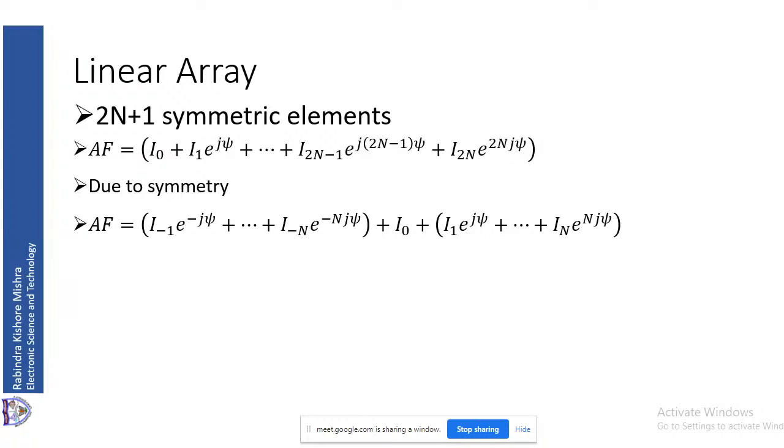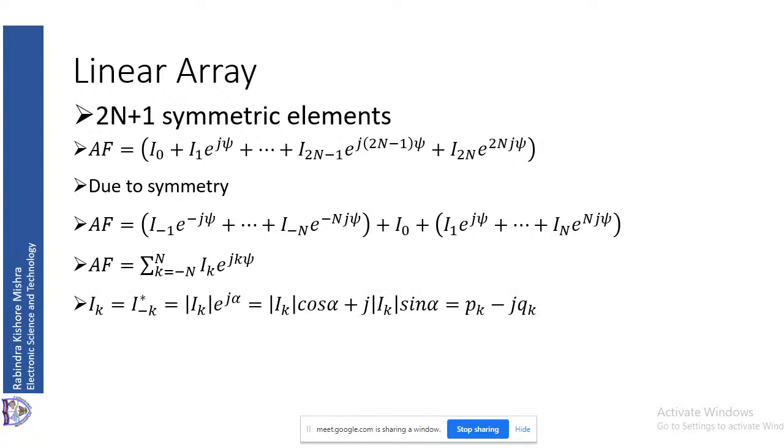Center is I0. So that is the array factor. I can write that as a sum: array factor is the sum over k equal to minus n to n of Ik exponential jk psi. That is quite easy to remember.